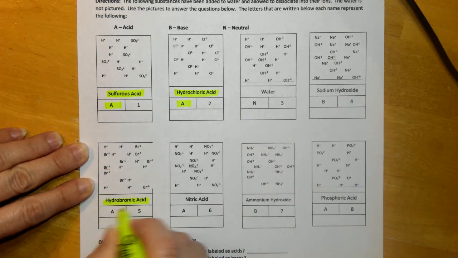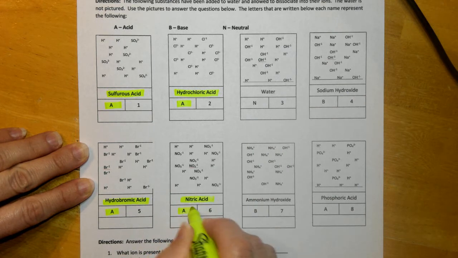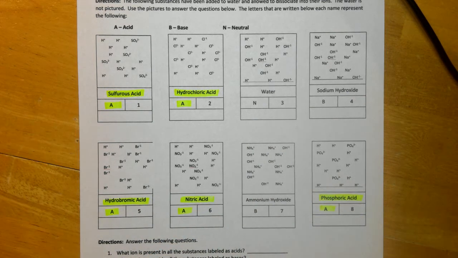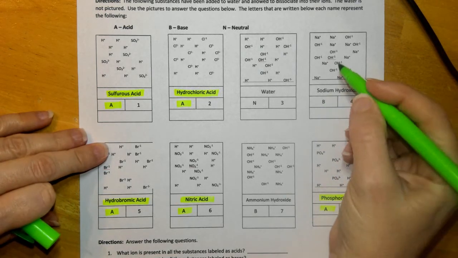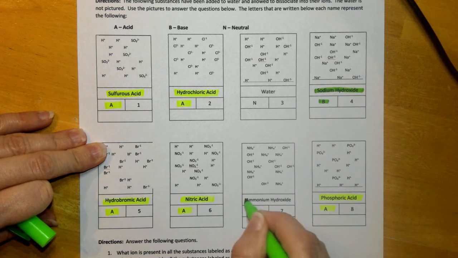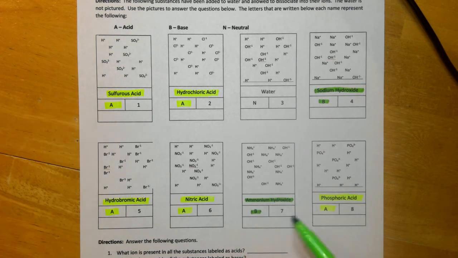So here's all of my acids. And then I'm going to highlight all of the bases another color. Only two bases. Okay. Alright, so then we're going to start using these pictures to answer our questions down below.